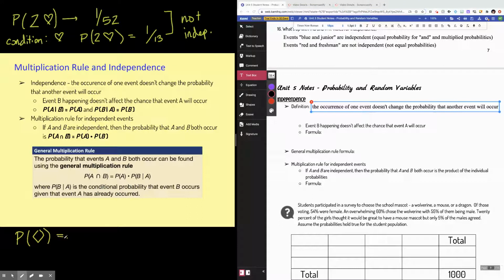Well, there's 13 diamonds in the deck, divided by the total number of cards, which is 52, and that reduces to 1/4, okay?